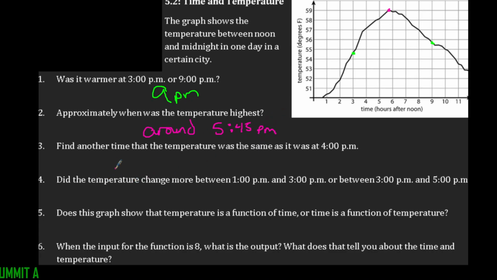And for number 3, it says find another time that the temperature was the same as it was at 4 p.m. So we have to find the temperature at 4 p.m. It's about 57 degrees, so we're going to say that we're looking at this point right here. We need another point, and what we can do is trace along and find another point where it's at that mark.